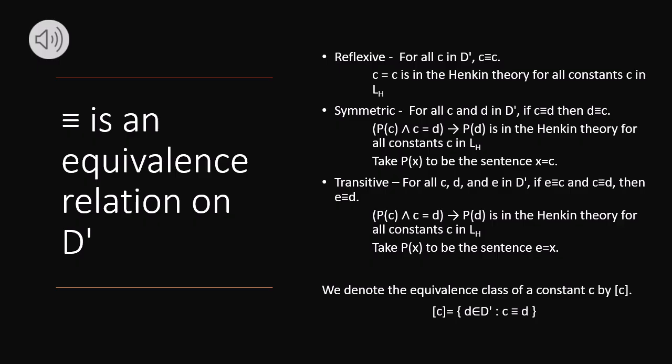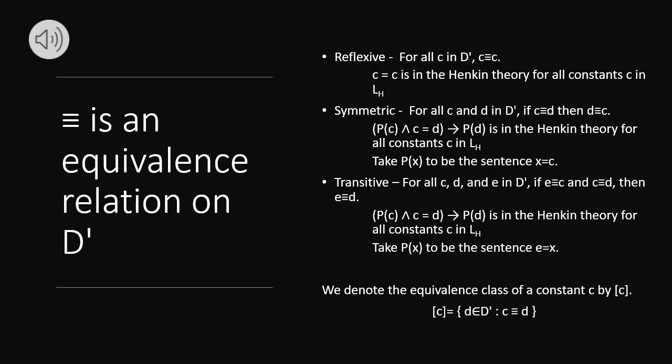The relation we introduced on the previous slide on the constants of our expanded language, which we're now denoting by D prime, turns out to be an equivalence relation. And by an equivalence relation, we mean a relation that is reflexive, symmetric, and transitive. And when that happens, the domain here, that D prime, gets split up into a collection of equivalence classes.